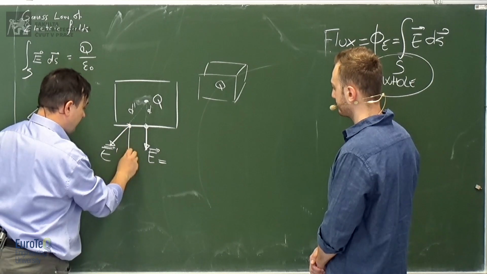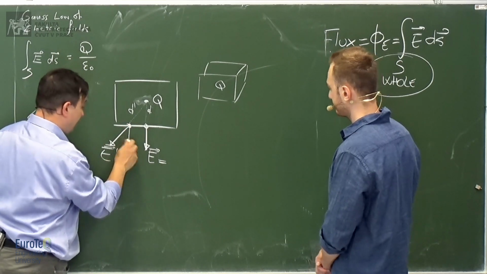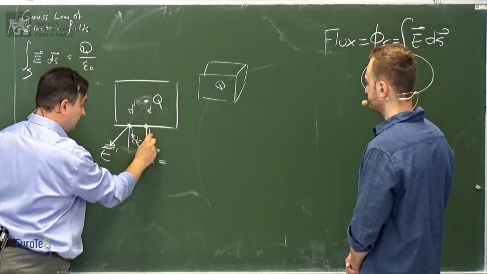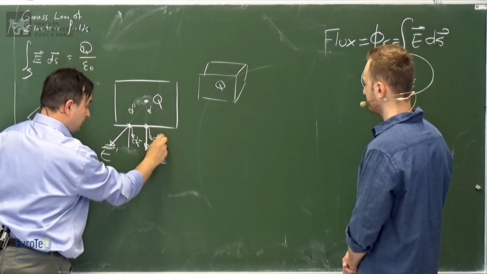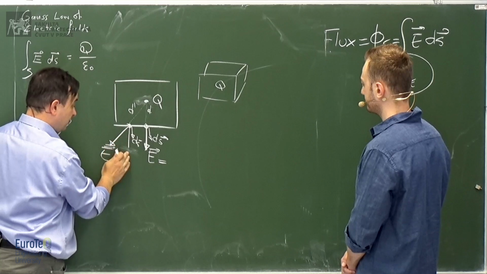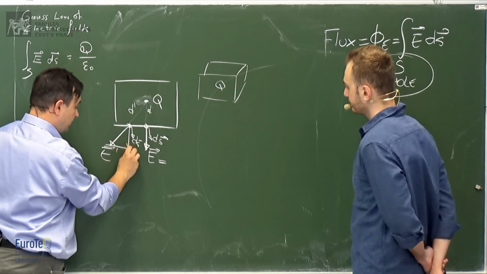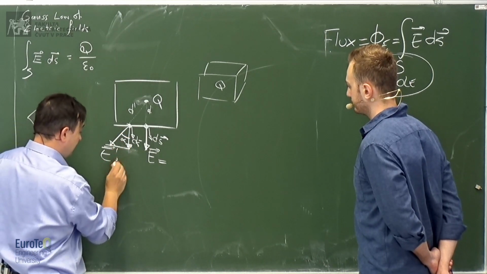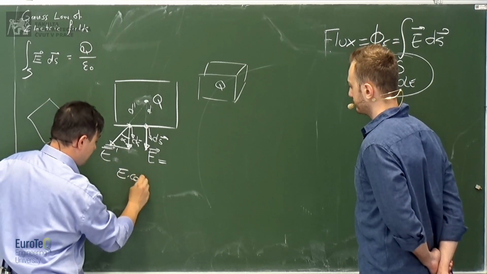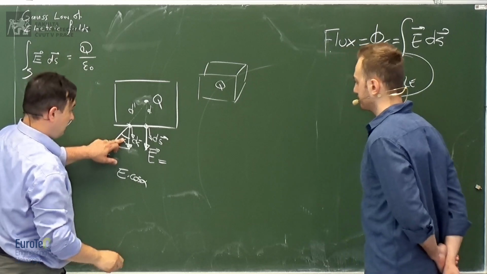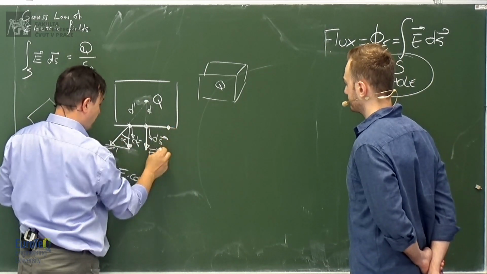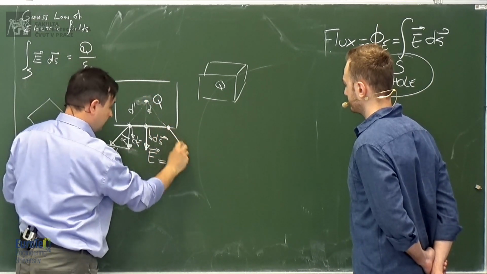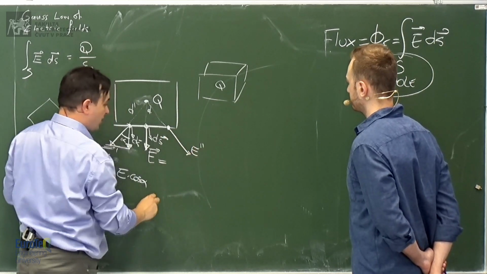And then you have to calculate dS, however, you see, in this case it's always in this direction, parallel to E. In this case, it's not parallel to E. So what you have to do is to calculate this E prime times cos alpha, okay? And the same for here. So you get a point here, this is E double prime.